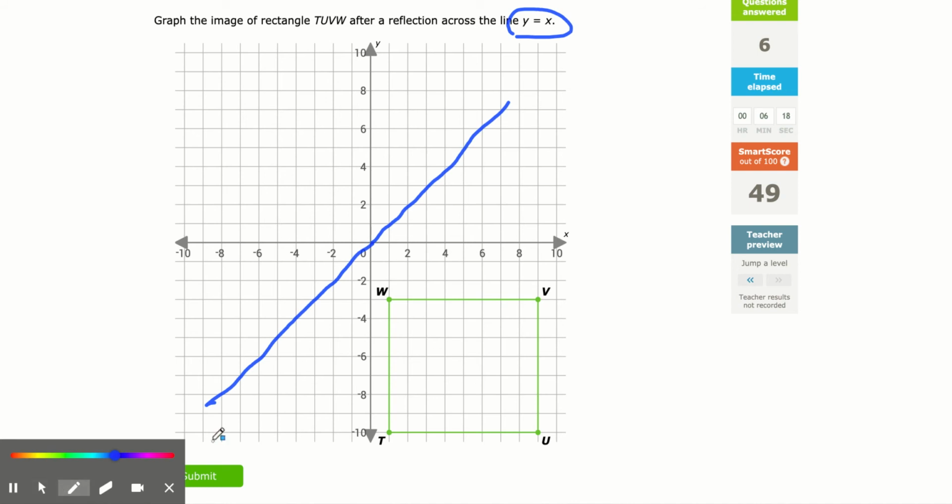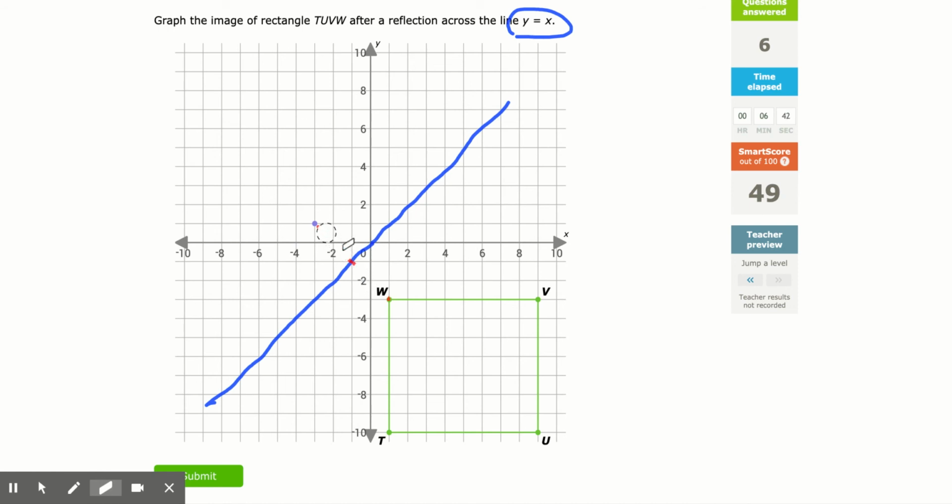Now, the way I do that is I count how far away diagonally the image is from that diagonal line. I'm one diagonal, two diagonals away. So I go 1, 2. And this point right here is the image of W. And then I'm going to do that with every single point.